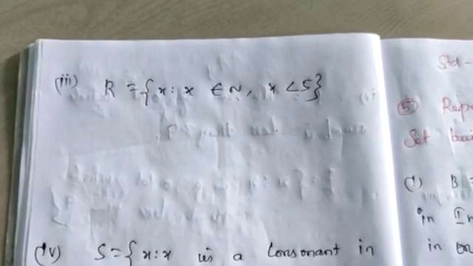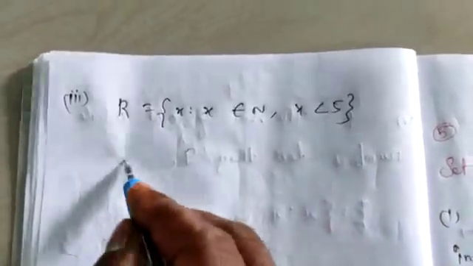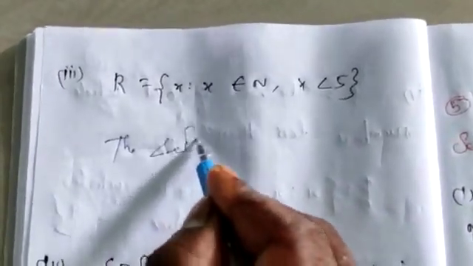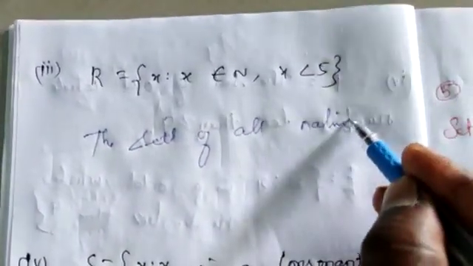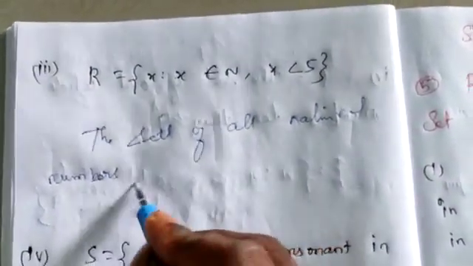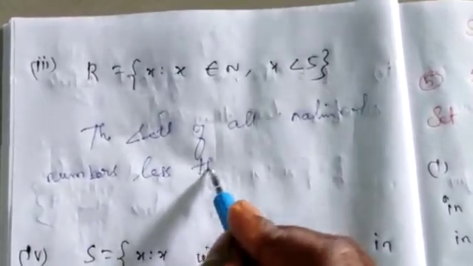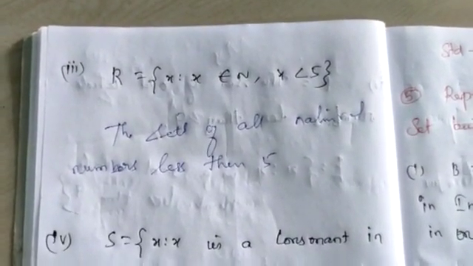That means the set of all natural numbers less than 5.